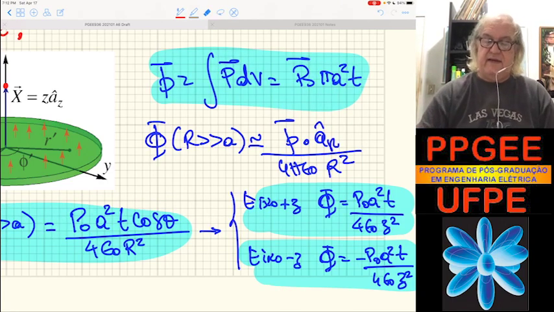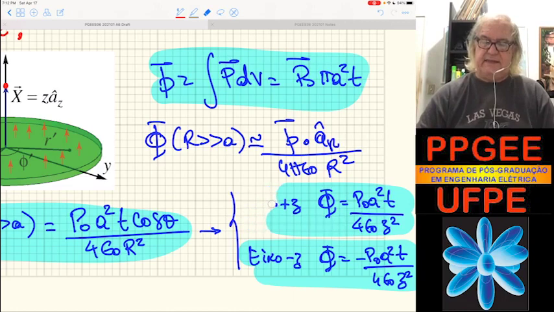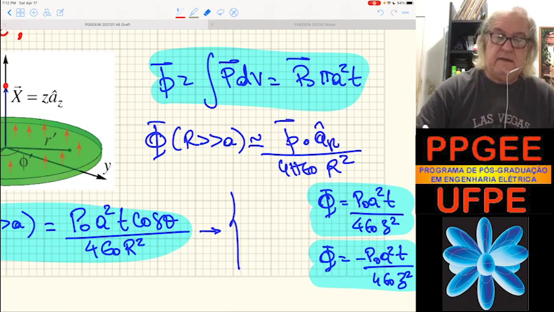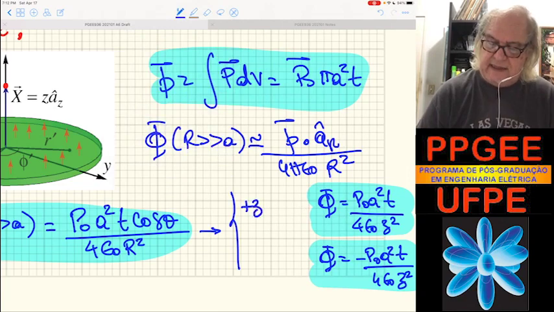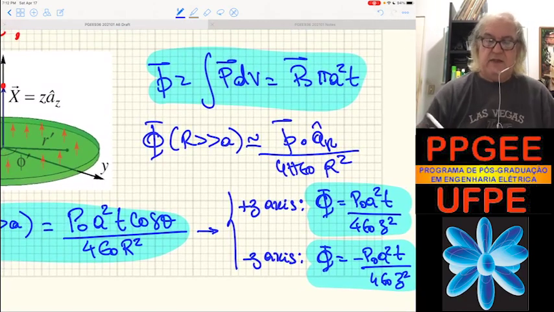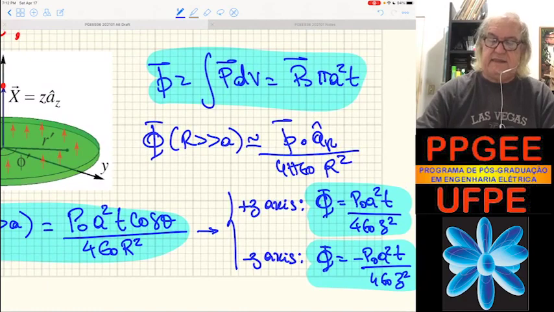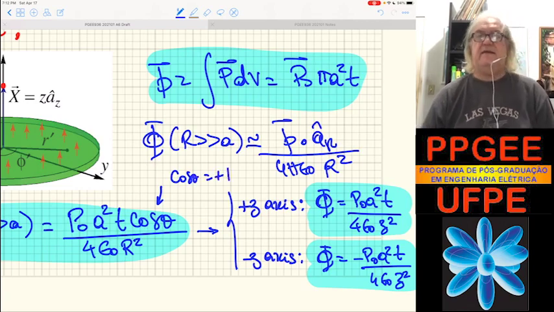So we have on the plus z axis, okay, on the plus z axis and on the minus z axis we have those expressions. On the plus z axis, cosine theta equals plus 1.